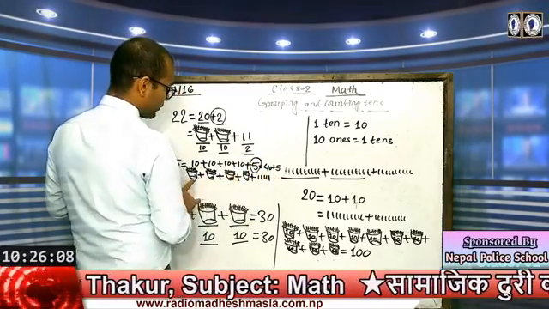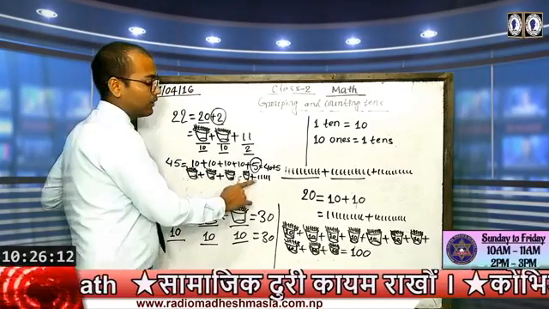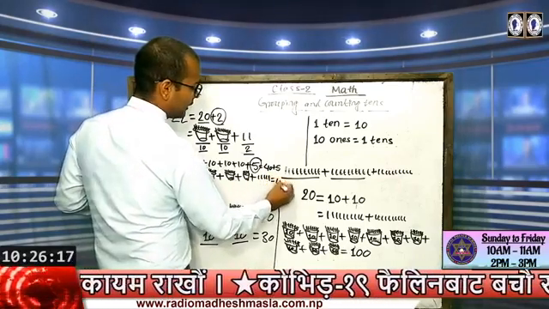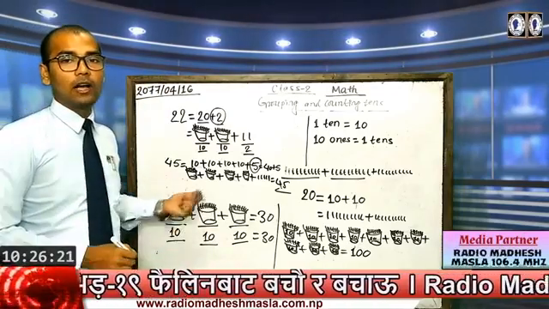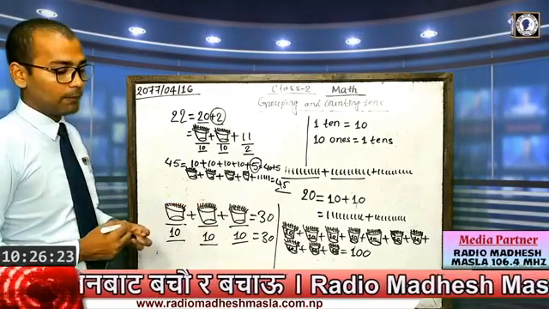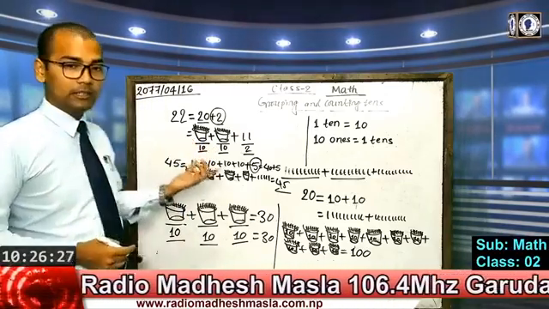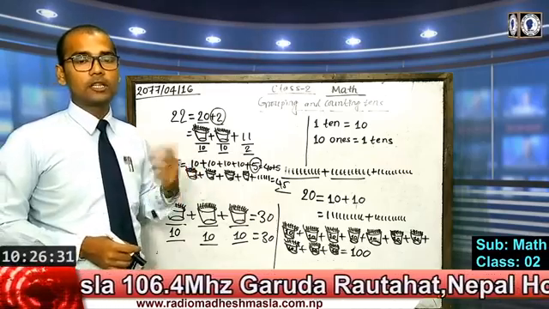It is 10, 20, 30, 40 and 1, 2, 3, 4, 5. It means 45 altogether. Students, we can count the number in this way. One bunch holds 1 ten, 2 bunches hold 2 tens, 3 bunches hold 3 tens.